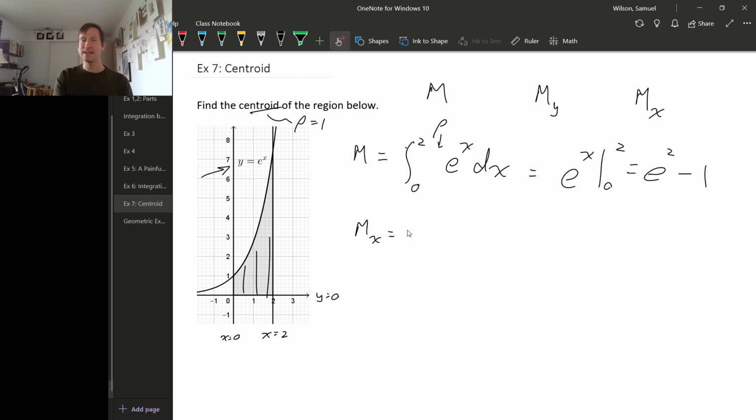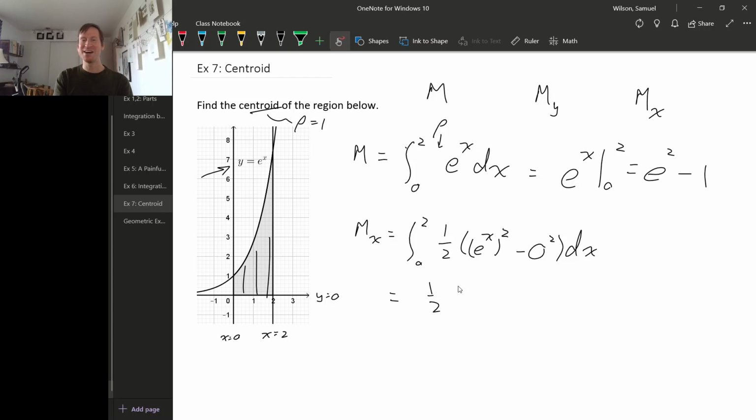Moment about the x-axis, that was the integral of the density, which we're taking to be 1, over 2 times the top curve, e to the x, squared, minus the bottom curve, which is 0, squared, dx. I think I'm remembering this formula right.